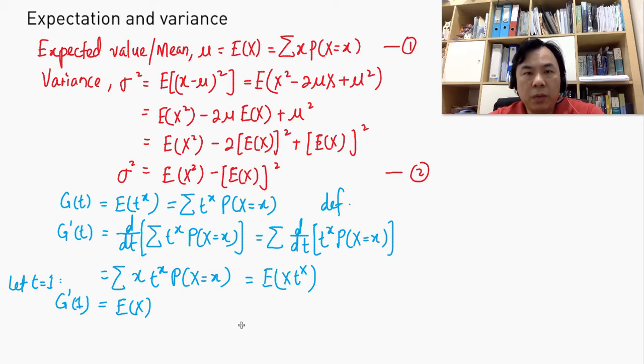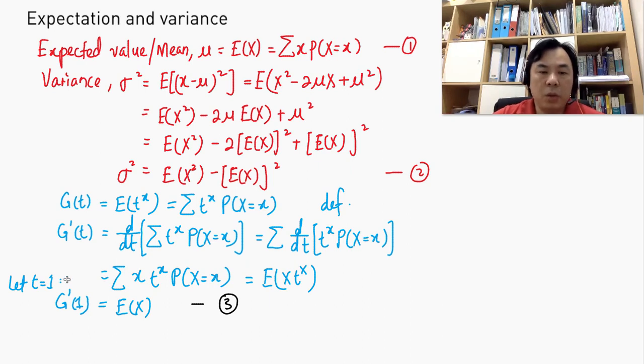So we know that the first derivative of the probability generating function at t equal to 1 must be the same as the expected value of X. All right, now that is a very significant result that we have obtained here. Right, so I hope that is clear at this point.